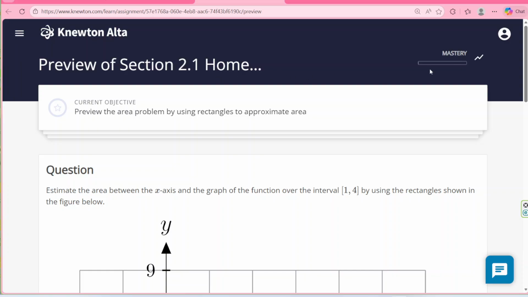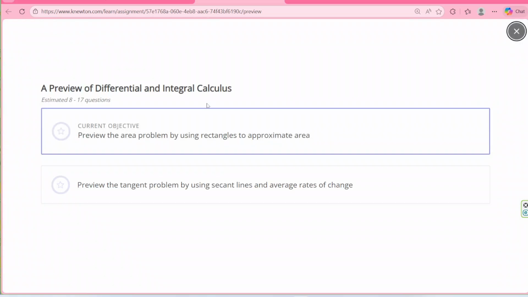Upper right hand corner, you'll see a mastery bar that tells you how far along you've gotten in the assignment. Next to this is an activity log, which just shows you how many objectives there are in the assignment. So this one here has 2 objectives, and also your progress in each objective.